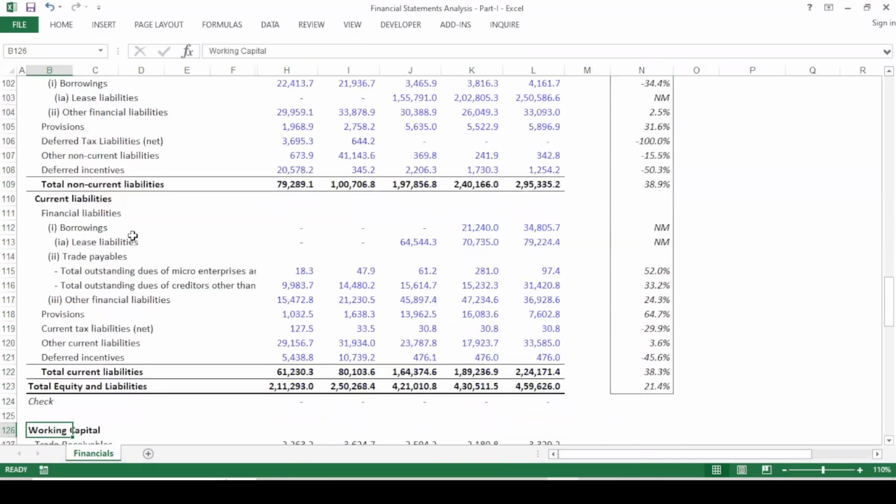Then under the current liabilities, again we have the borrowings, lease liabilities, but these will be paid off maybe within a period of 1 year or before. Then we have the payables. So this is what the company owes to its suppliers. Then other financial liabilities, again the provisions and certain tax liabilities and other current liabilities.